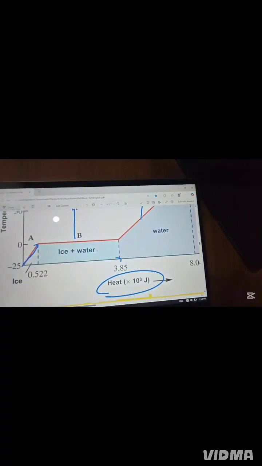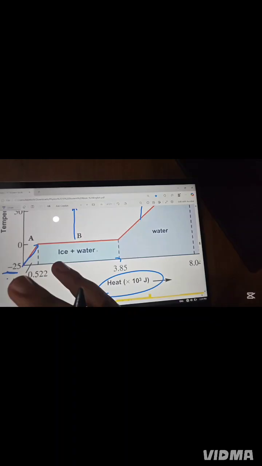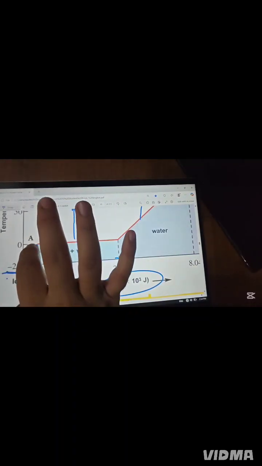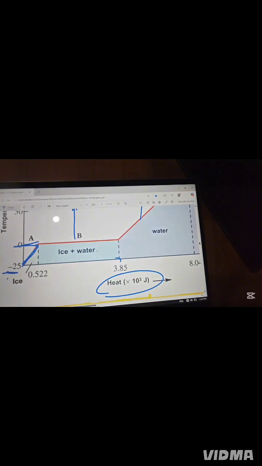First it was negative 25 Celsius, so cold, right? I give this negative 25 Celsius ice energy, and it receives the energy. The temperature becomes increased until it reaches 0 Celsius.